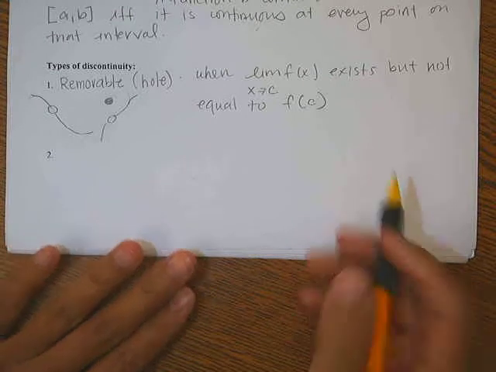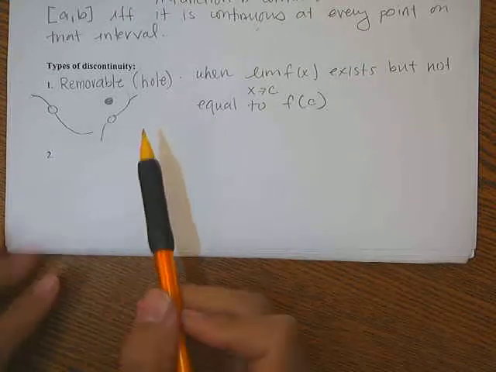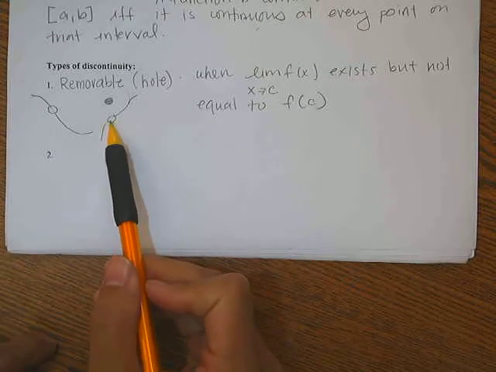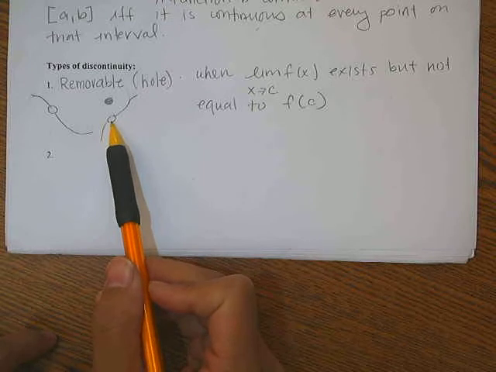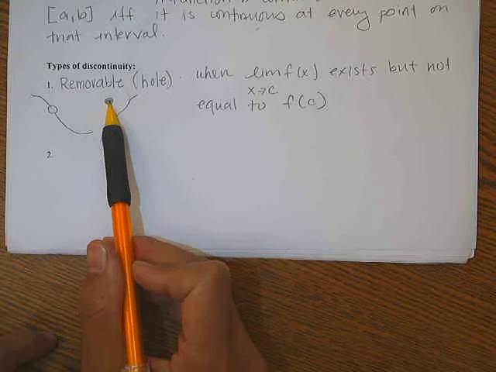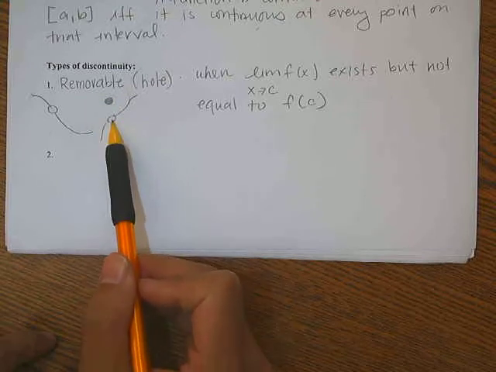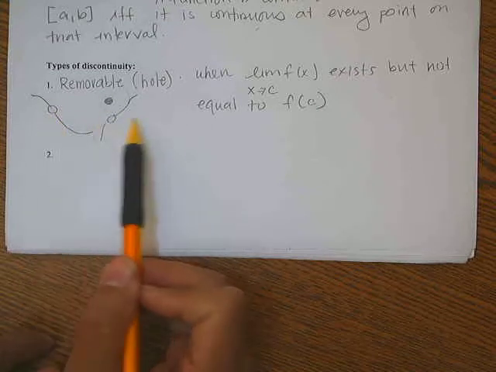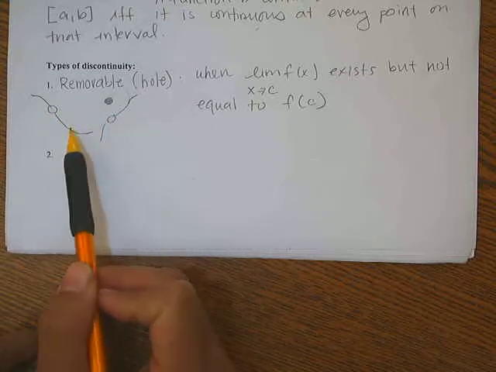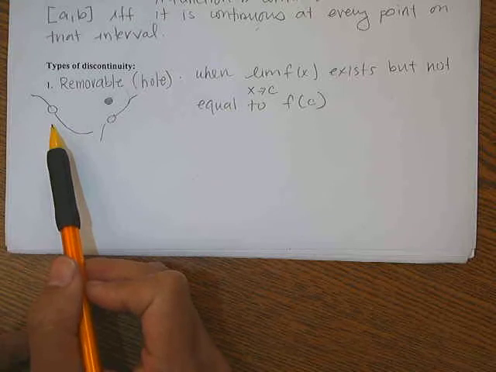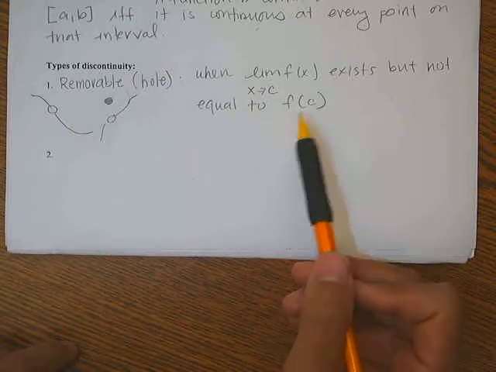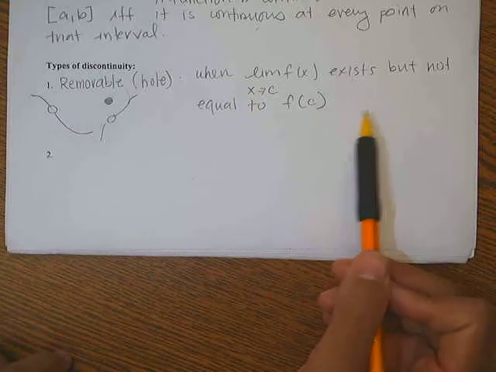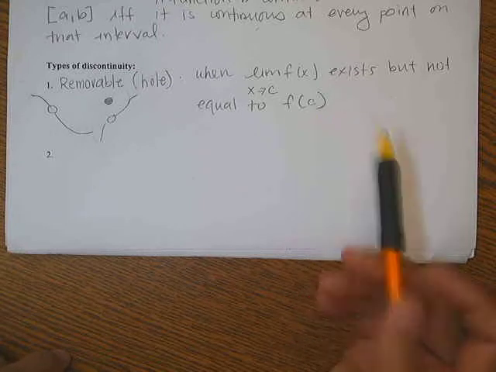When I find f of c, for this piece, f of c is above, but the limit is right here. Over here, I don't even have f of c. Think of these as two different functions. Therefore, the limit does exist, it's just not equal to the value of f of c.